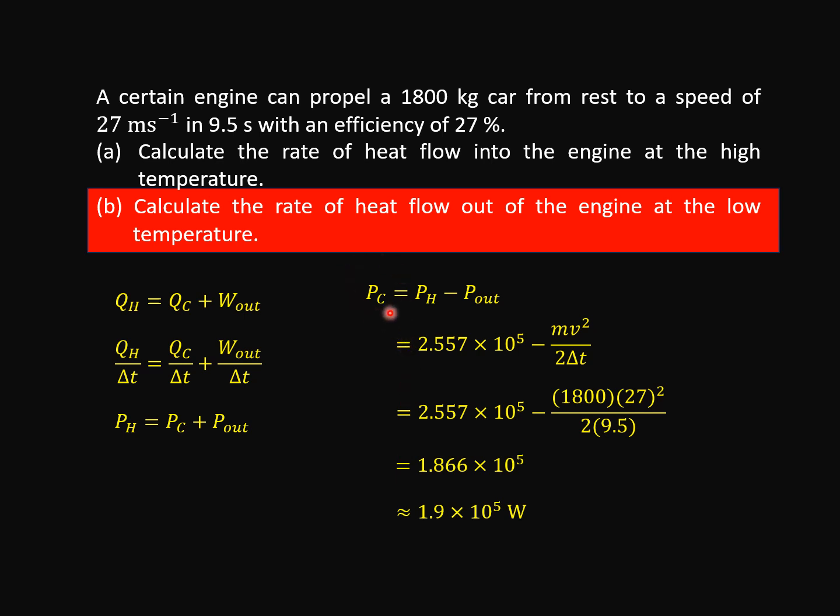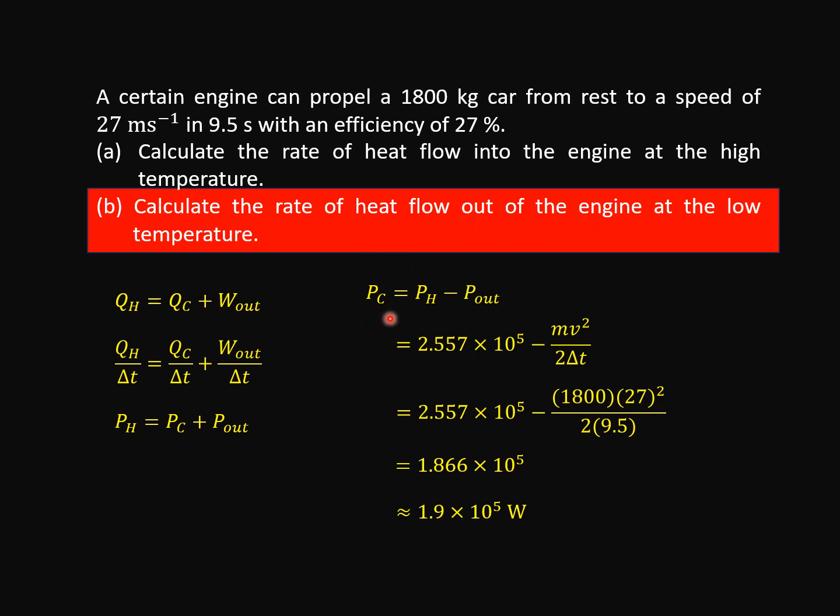Finally, we obtain PC equal to 1.866 times 10 to the power 5, or approximately 1.9 times 10 to the power 5 watts. This is PC, the rate of the heat flow out of the engine.